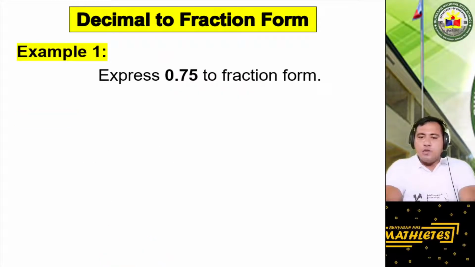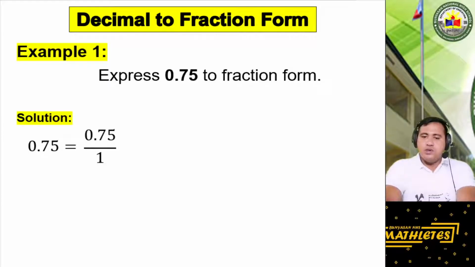So decimal to fraction form. Express 0.75 to fraction form. So first, in order to solve that, we are going to express our decimal number in this form, A over B, where B is 1.